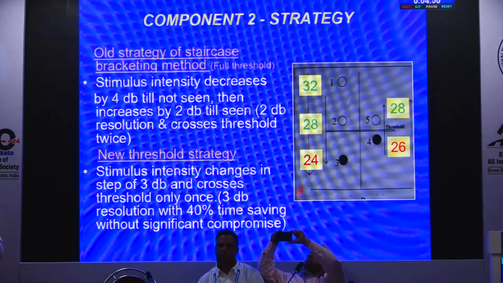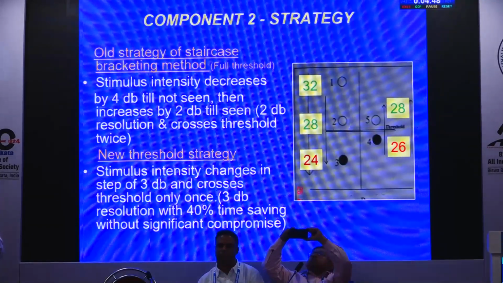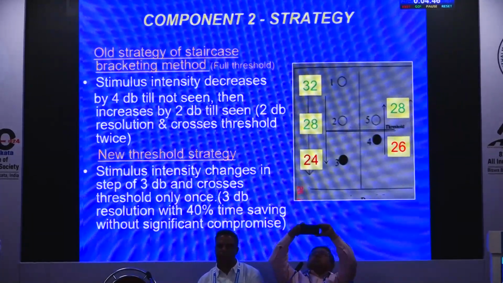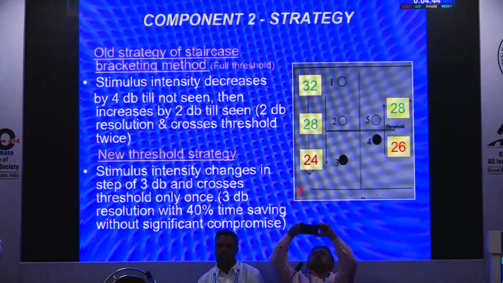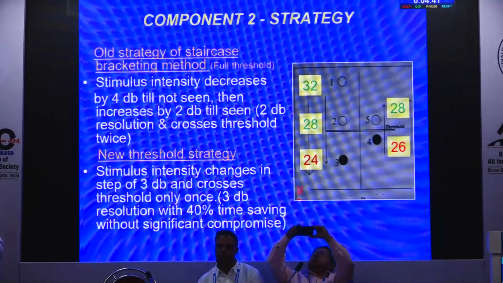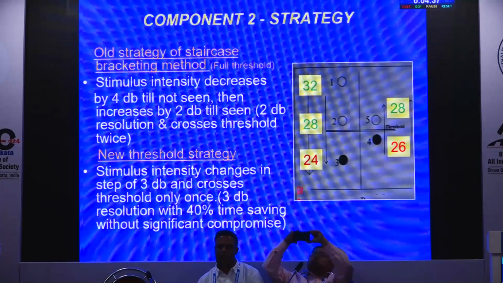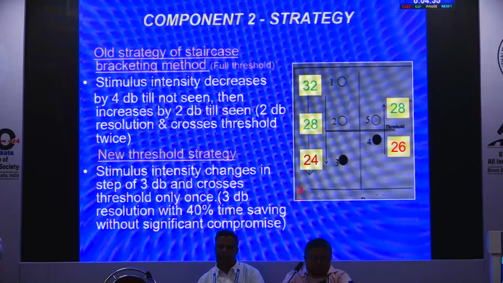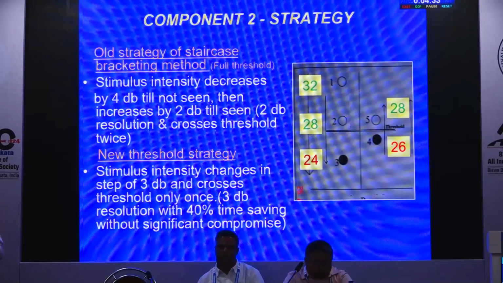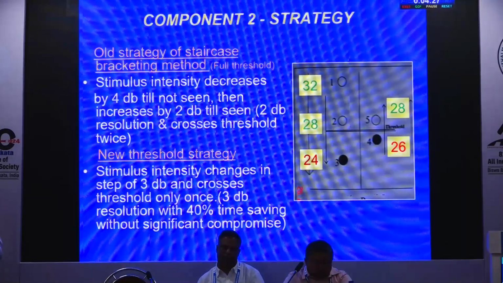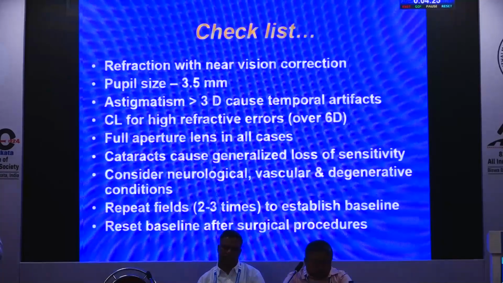So it had to cross the threshold level twice, but the final resolution was 2 decibels. Whereas the newer threshold crosses the threshold level only once with a difference of 3 decibels. So the final resolution is 3 decibels, but we save at least 40% of the time, and there is hardly any significant change in the final outcome.